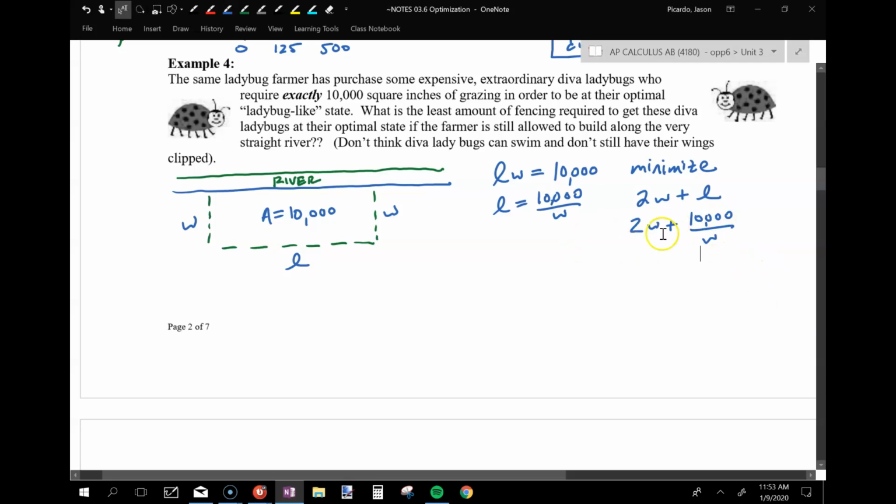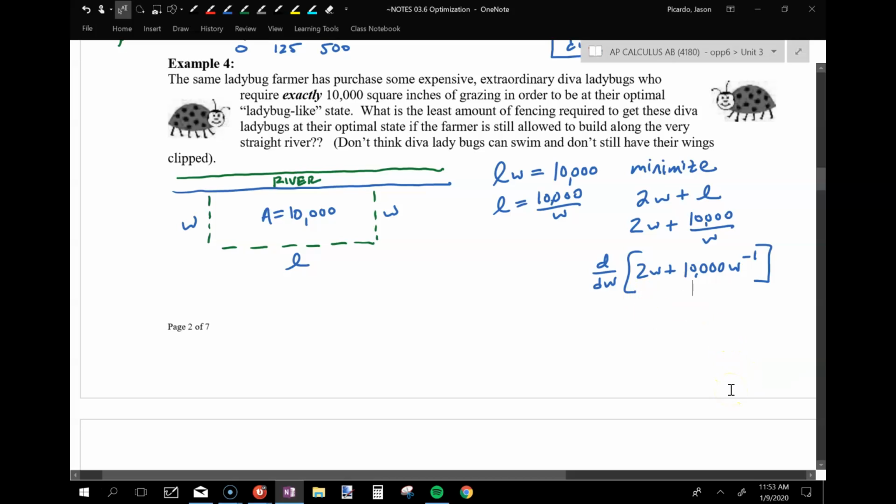All right, so this is what we're trying to minimize. So we're going to take d/dW. Okay if I write it like this? I just like that better, don't you?